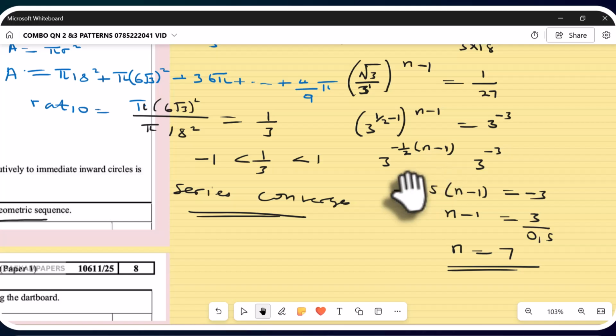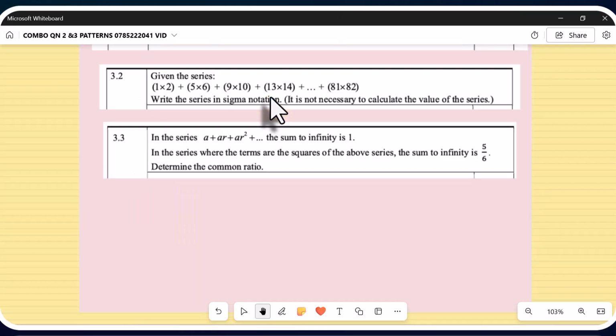Okay, 13. What about in blue? In blue, we have what? We have the numbers 2, right? We have the 2 here, followed by the 6, okay, followed by the 10, right? By the 10 here, and then 14. So what do you observe here, guys?